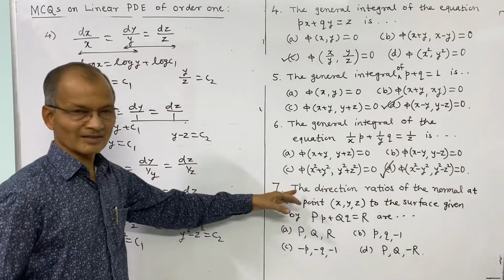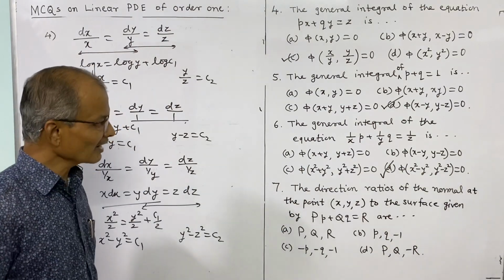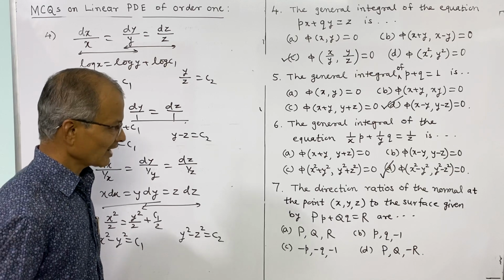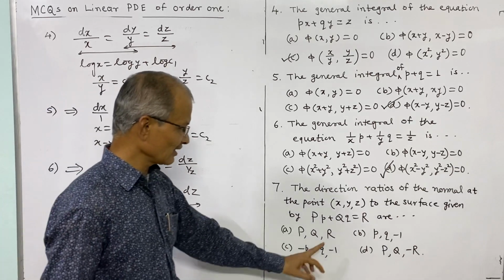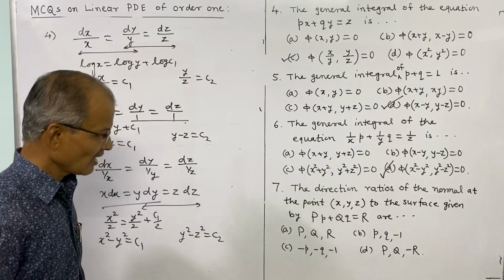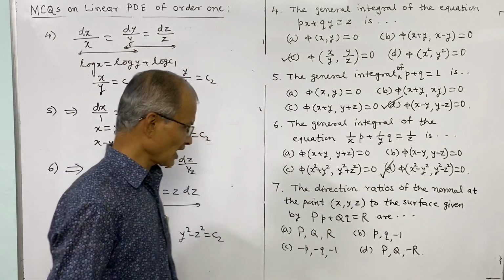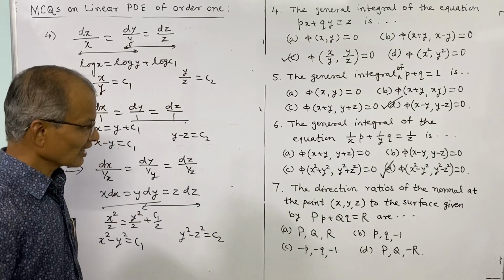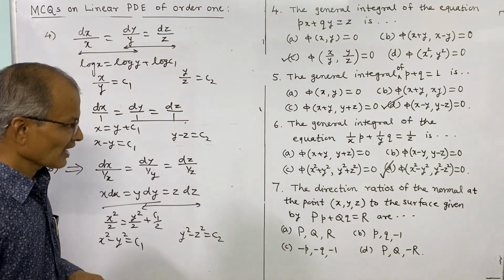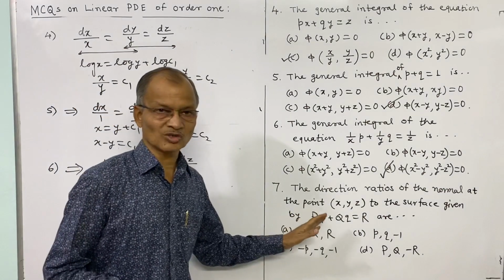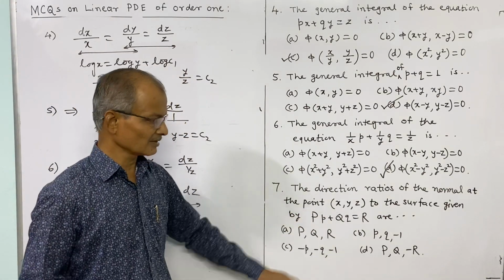And next, the last question is: the direction ratios of the normal at the point x, y, z to the surface given by this Lagrange's linear equation, capital P into small p plus capital Q into small q is equal to capital R. So what are the direction ratios of the normal? We have studied this part in the geometrical interpretation of Lagrange's equation.